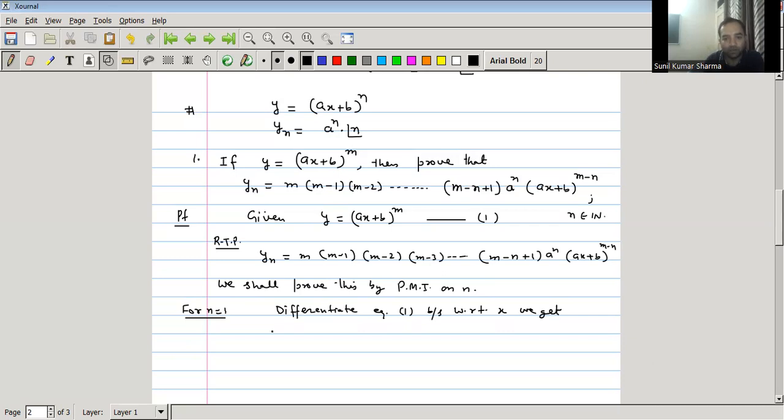We get y1 is equal to m into (ax plus b) to the power (m minus 1) into, again you differentiate ax plus b, we get a.